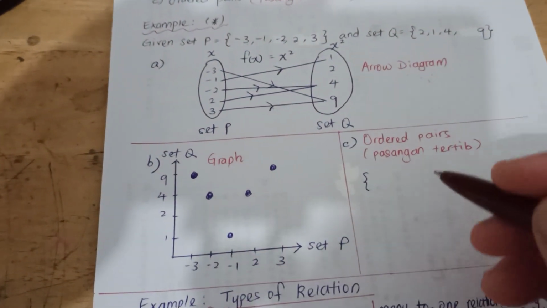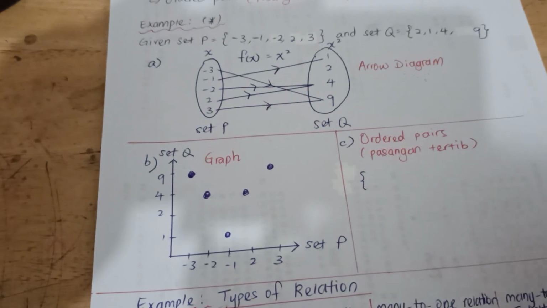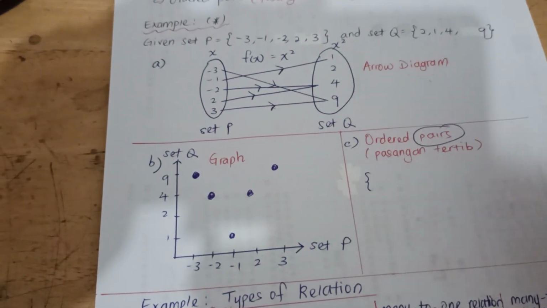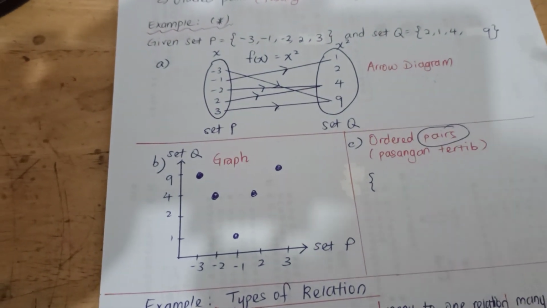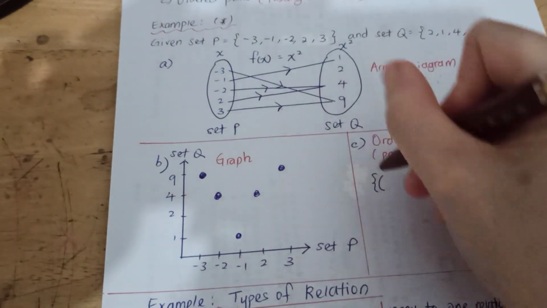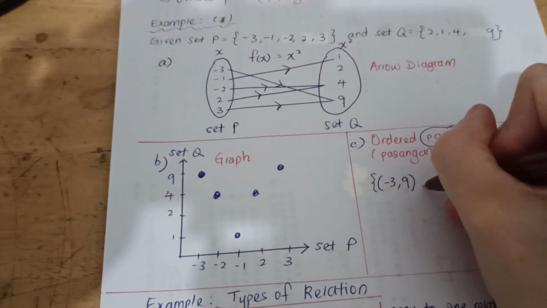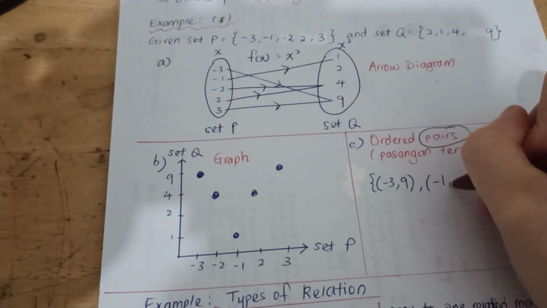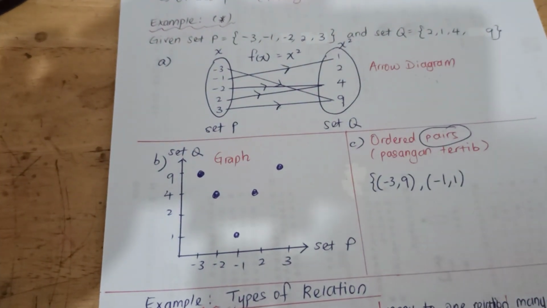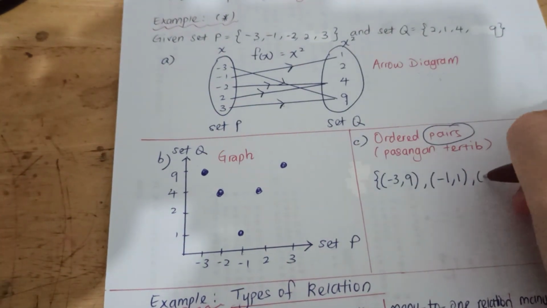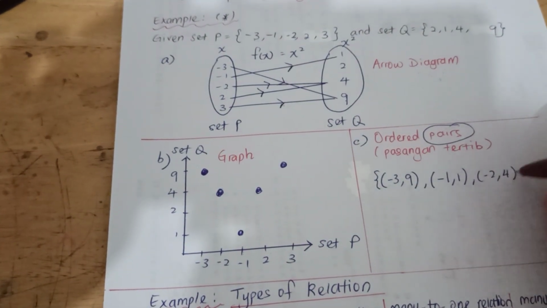So this is an arrow diagram. This is a graph. Then how are we going to represent in ordered pair? Ordered pair. Pair meaning pasang. So how do we pasang? We know that negative 3 will match to 9. So sepasang. Negative 1 will match to 1. Another pasang, another pair. Negative 2 will match to 4. Okay?